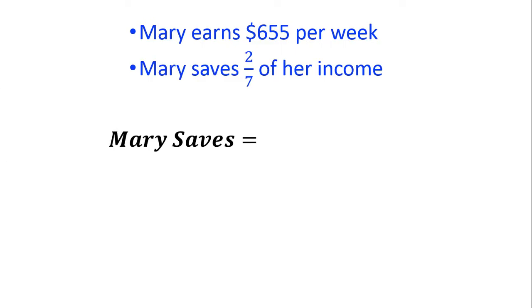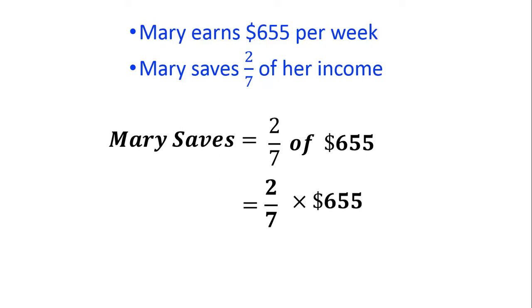So I've got my label here, Mary saves equals, so that's telling me what it is that I'm calculating. And we're going to find 2/7 of, now her income is $655. So now I need to turn that word of into times. So we're going to say 2 over 7, so 2/7 times 655.